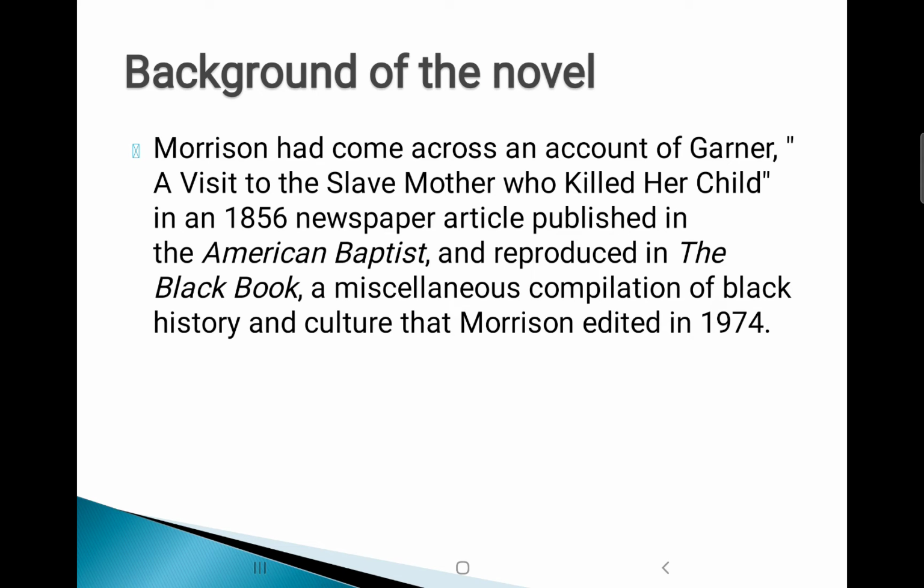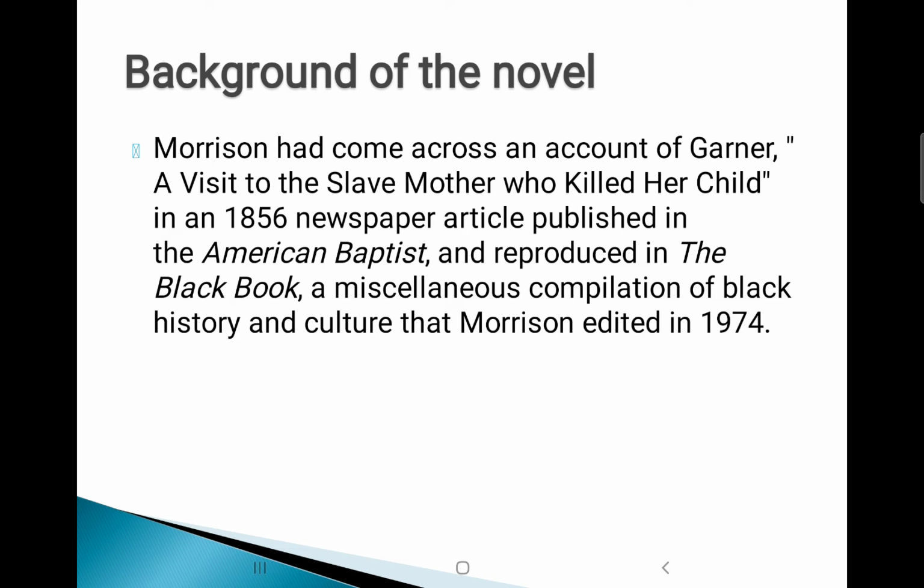Morrison had come across an account of Garner, a visit to the slave mother who killed her child, in an 1856 newspaper article published in the American Baptist and reproduced in the Black Book, a miscellaneous compilation of black history and culture that Morrison herself edited in the year 1974.